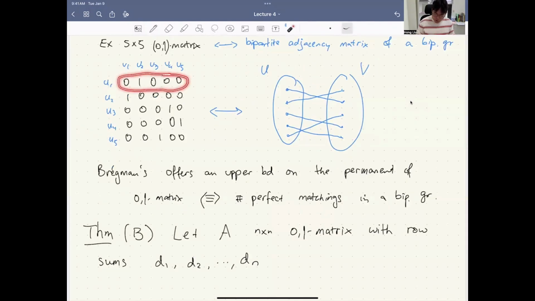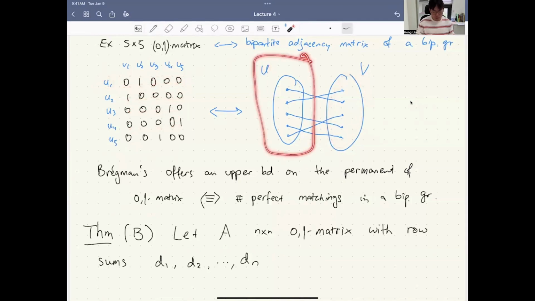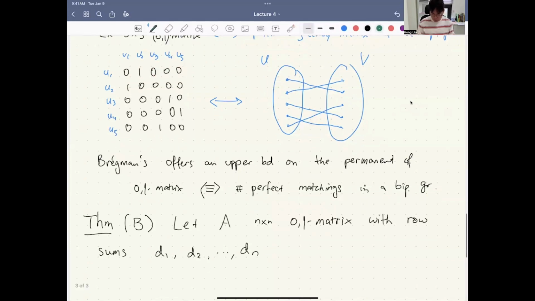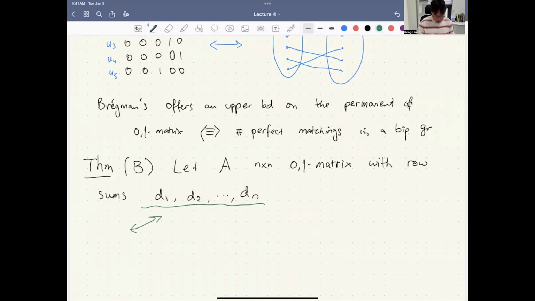The number of ones in the first row is the number of neighbors of U1 in V. So it's exactly the degree sequence of one part of this bipartite graph. Let's keep that in mind. So this is the degree sequence of vertices in one part of a bipartite graph, where this bipartite graph corresponds to this 0-1 matrix.